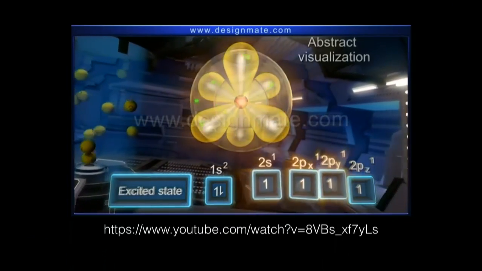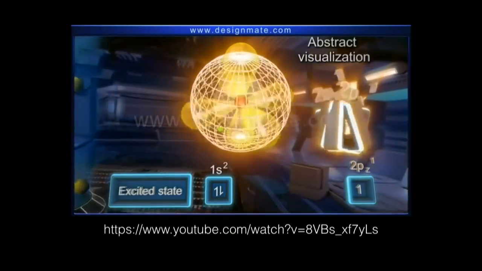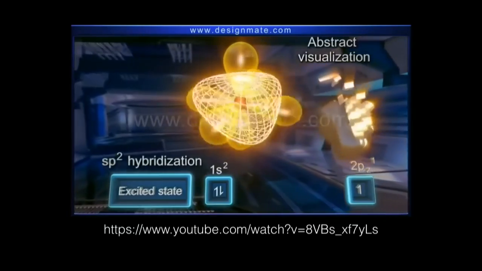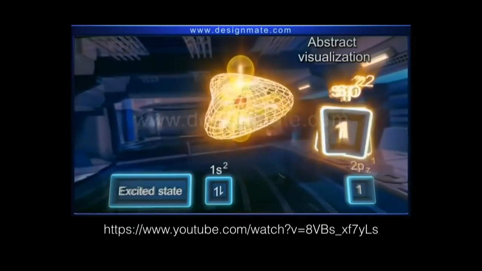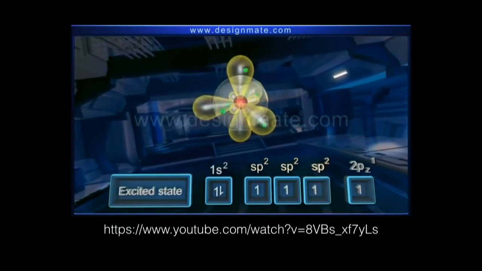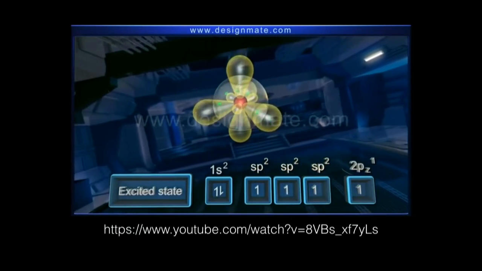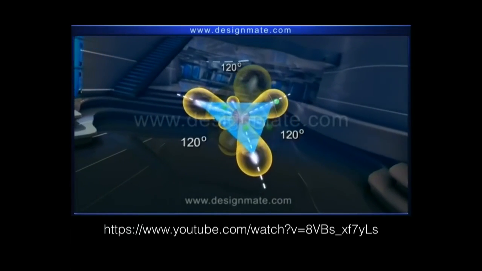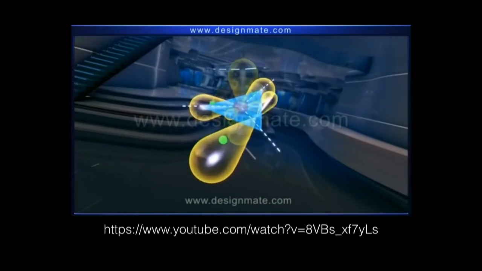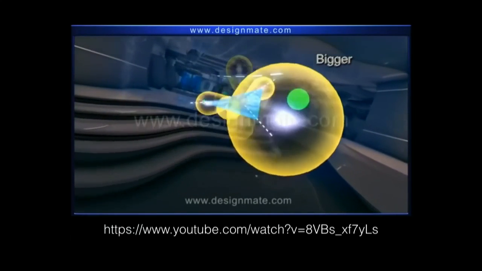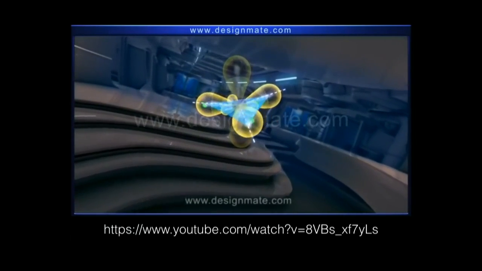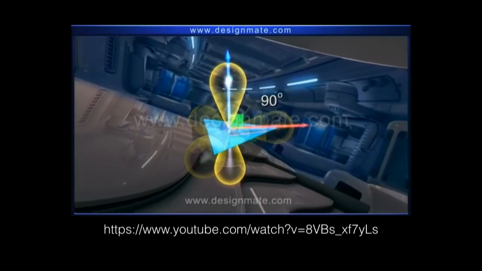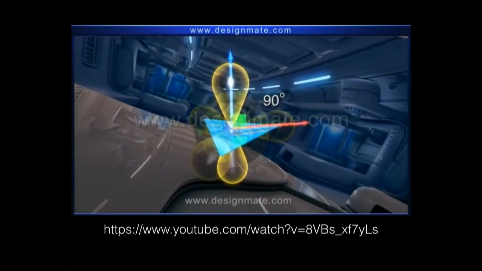2s and 2 of the 2p orbitals hybridize. Consequently, this hybridization is termed as sp2 hybridization. The hybridization leads to the formation of 3 equi-energic sp2 hybrid orbitals. As you can see, each sp2 hybrid orbital is bilobed, one lobe bigger than the other. The half-filled p orbital, which was not involved in hybridization, lies at right angles to the plane of the equilateral triangle.